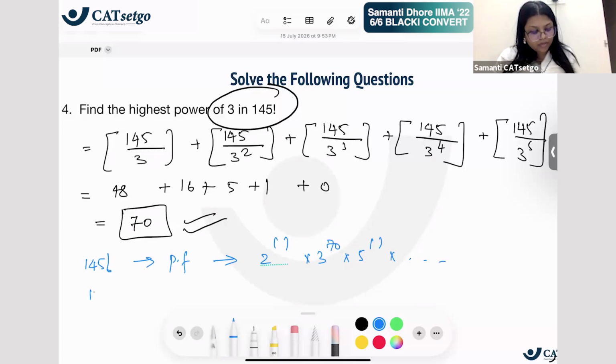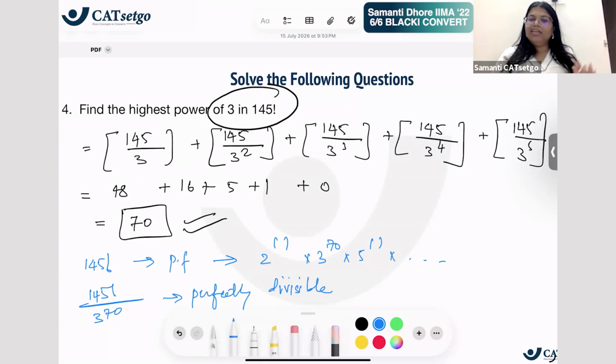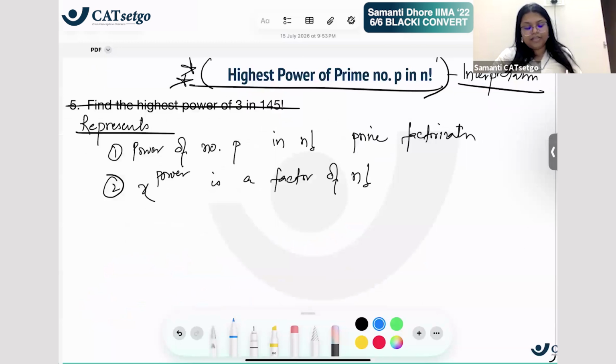So the whole point is 145 factorial is perfectly divisible, there is no remainder, right? This is a factor of n factorial. So if it is a power, x raised to that power, whatever answer is coming, is a factor of n factorial, right?